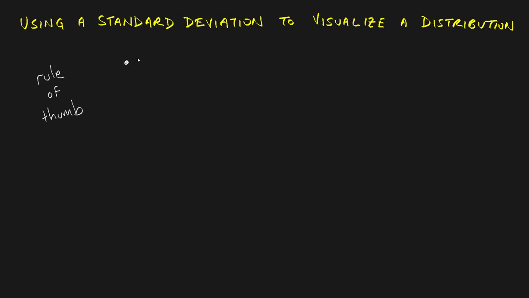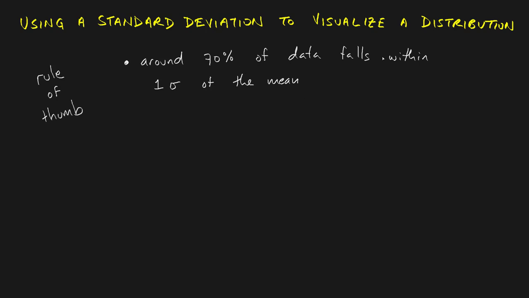The first point says that if you know what the mean and the standard deviation are for a set of data, so if you've worked out the mean and the standard deviation, you can expect that around 70% of your data will fall within one standard deviation of the mean.